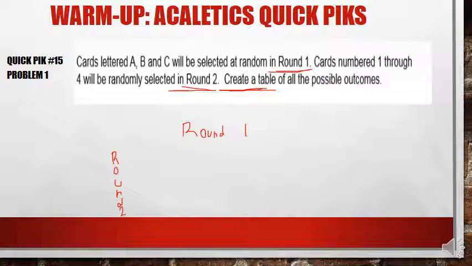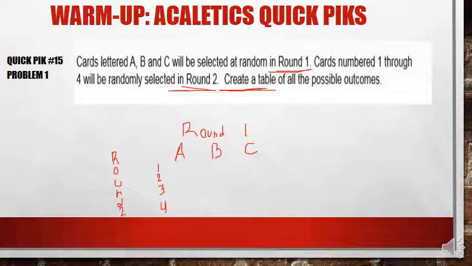So when we're talking about round 1, we're going to go back to the question. It says the cards were lettered A, B, and C. So I'm going to go ahead and write A, B, and C. And that corresponds to round 1. Now round 2, the cards were numbered 1 through 4. So that means 1, 2, 3, and 4. So I'm going to write it going down here vertically. 1, 2, 3, and 4.